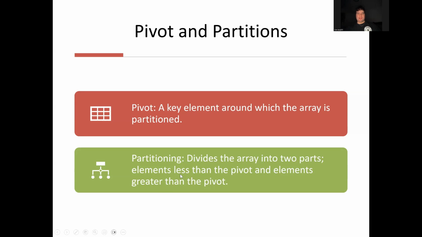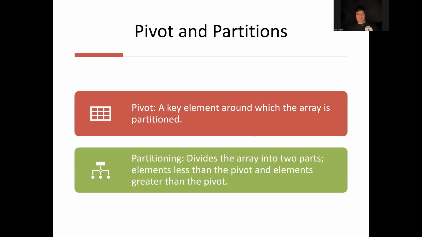Usually we have the pivot be the last element in the array, or just any element in the array. Partitioning divides the array into two parts: elements less than the pivot and elements greater than the pivot.